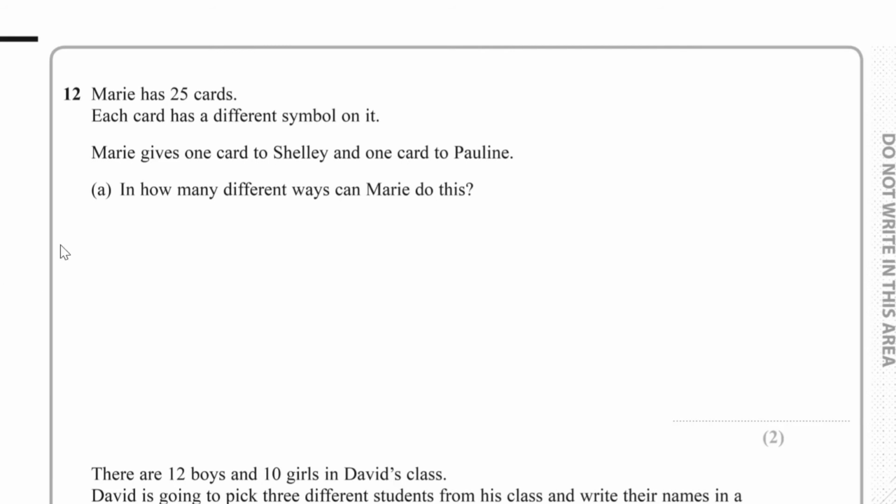Question 12. Marie has 25 cards. Each card has a different symbol on it. Marie gives one card to Shelley and one to Pauline. In how many different ways can Marie do this?